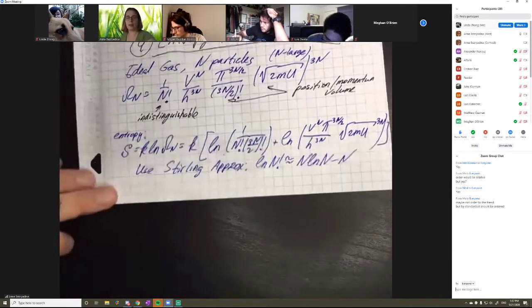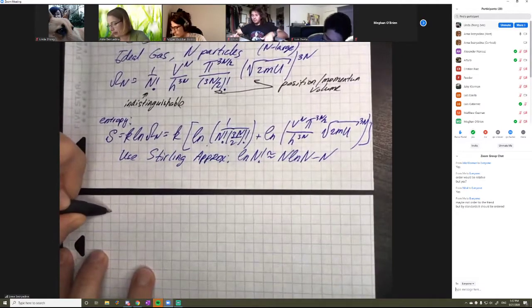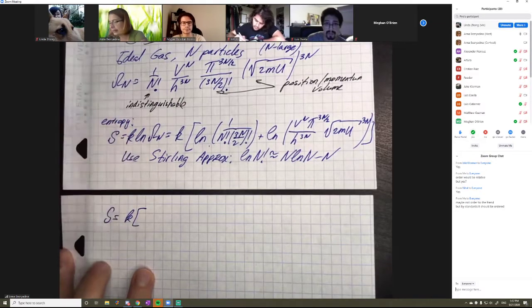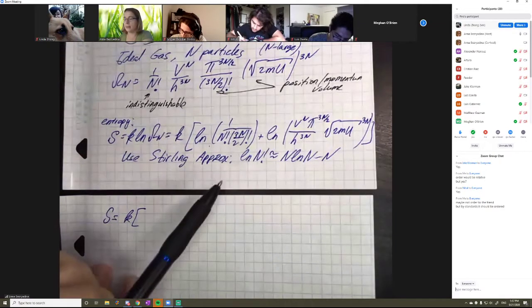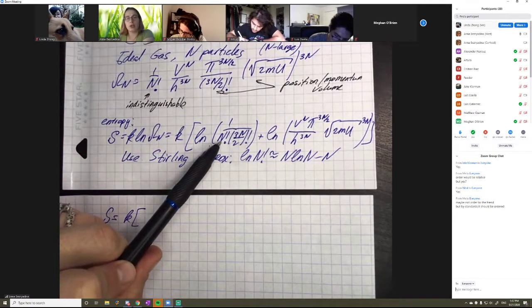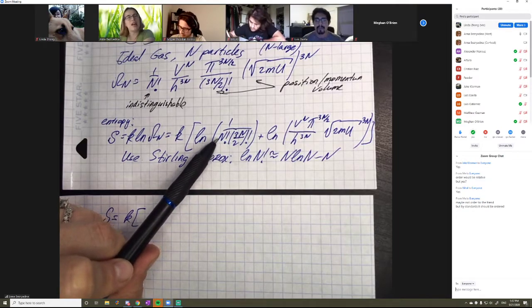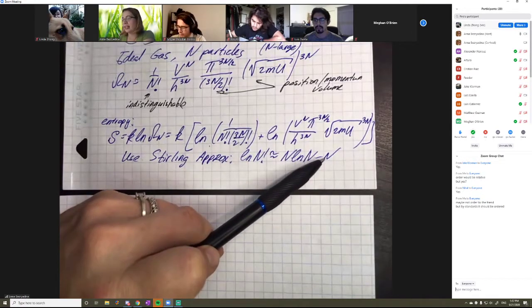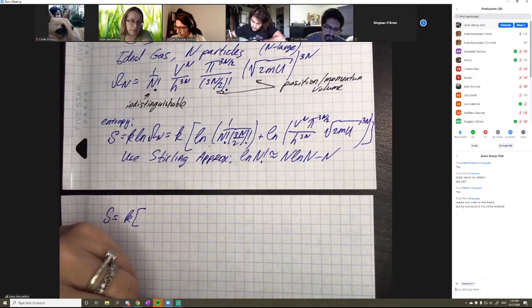Okay. And we can rewrite it and get that entropy is equal to k. And here, guys, make sure you're not losing any minuses, because where is this n factorial? It's in the bottom, so it will have a minus, yeah? And then when we go here, there is another n logarithm n, and here's a minus. So make sure you keep all your signs, okay?